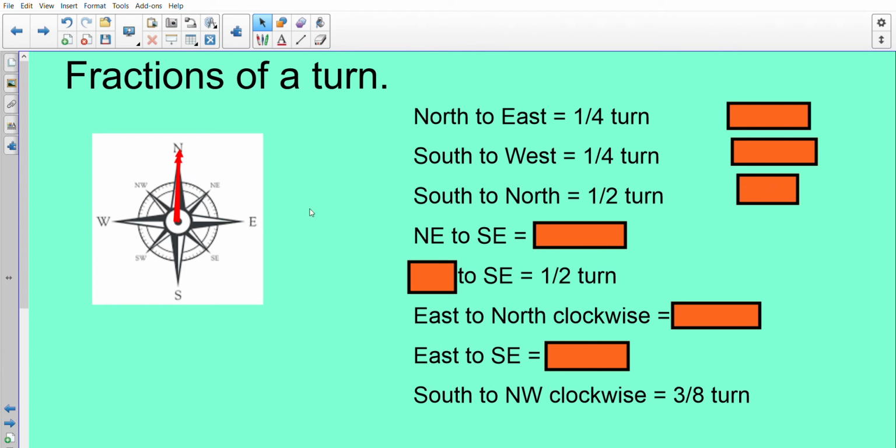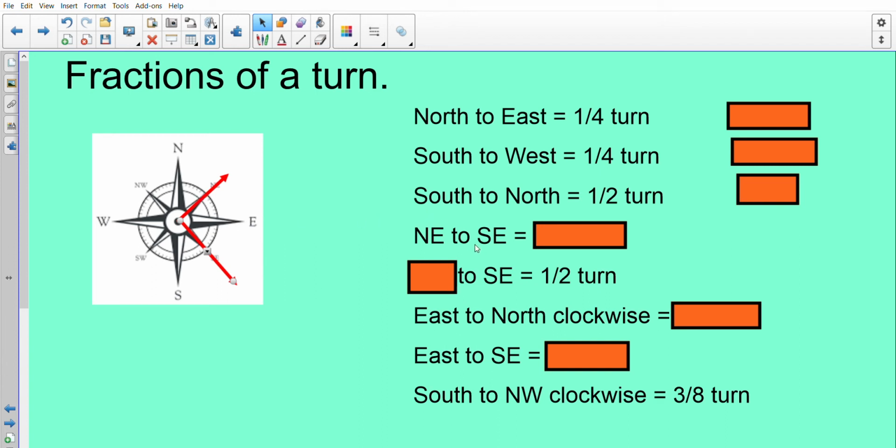Okay, northeast to southeast. Right, let's just change these. So from northeast to southeast, what kind of a turn is that? Well, it looks like a right angle, that.